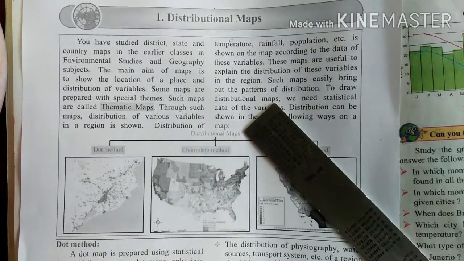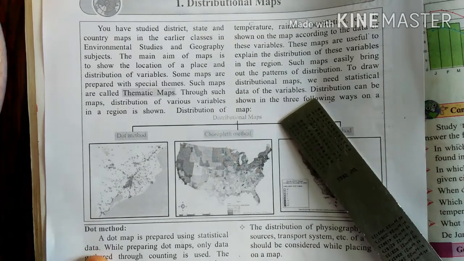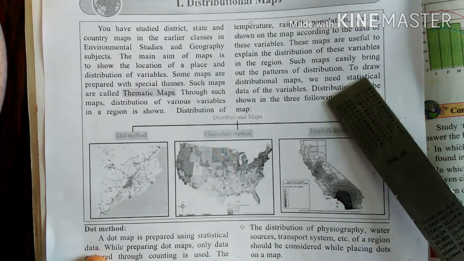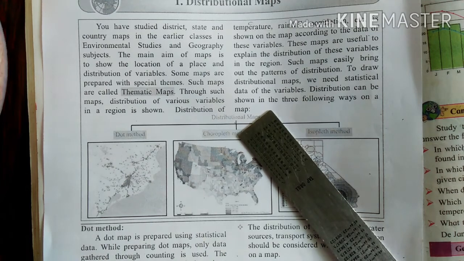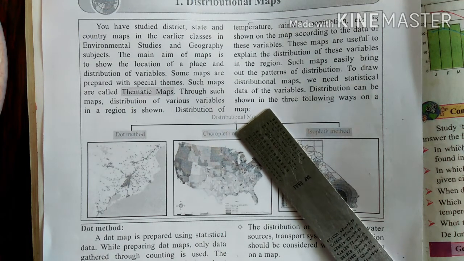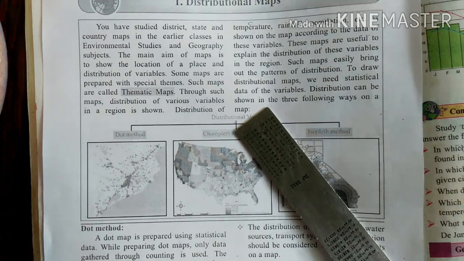To draw distributional maps, we need statistical data of the variables.